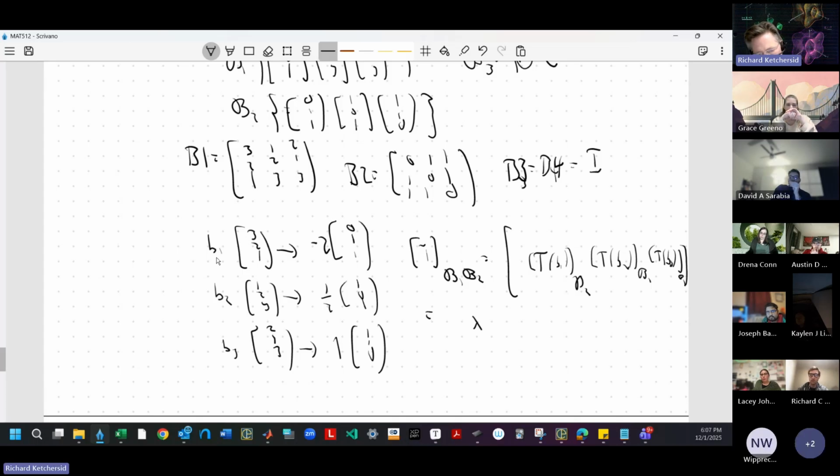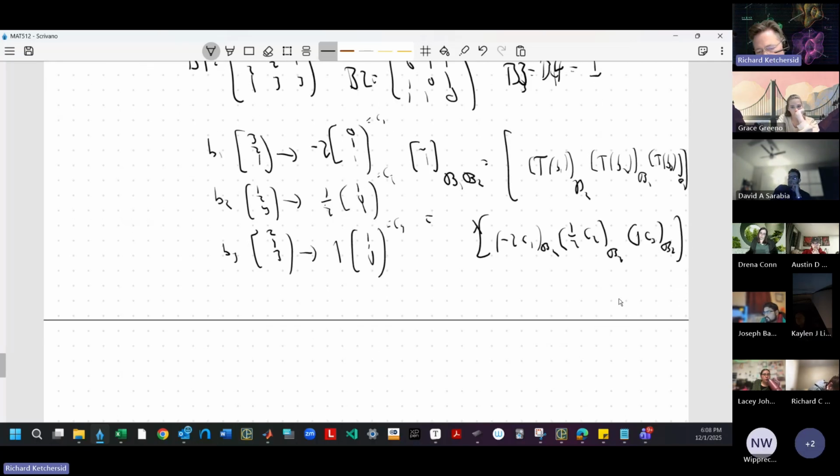So let me call this C1, C2, and C3, because I don't want to rewrite the whole thing. So the matrix is -2 C1 with respect to B2, and then 1/2 C2 with respect to B2, and then 1 C3 with respect to B2.